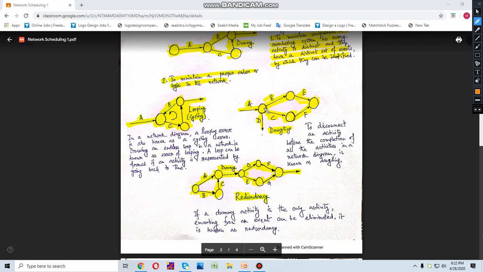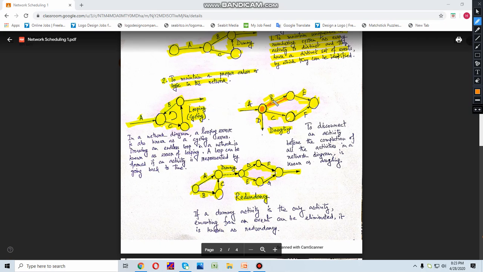Before that, always remember, activities are always represented by alphabets. It is a general notation, you can change it as per your requirement, but generally activities are termed by alphabets, whereas events are termed by numerics, like numbers.